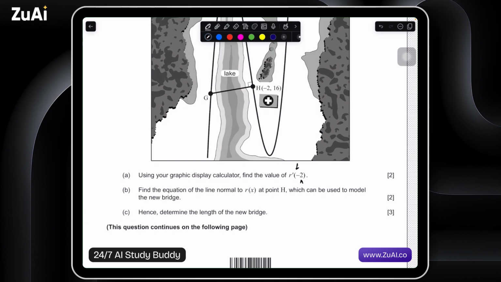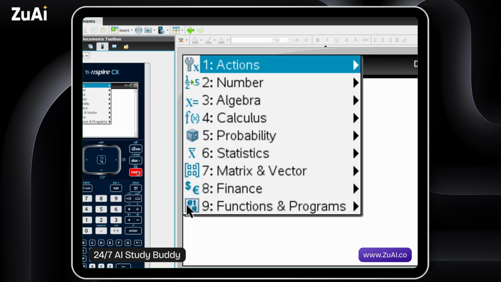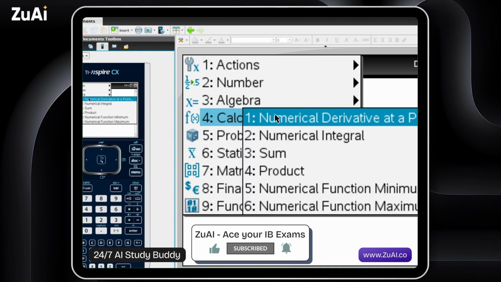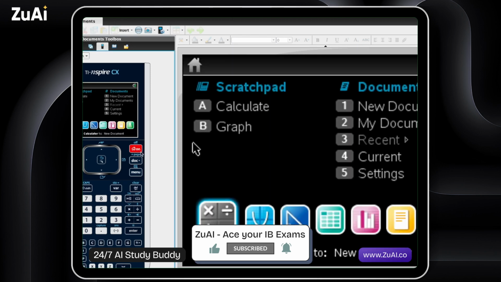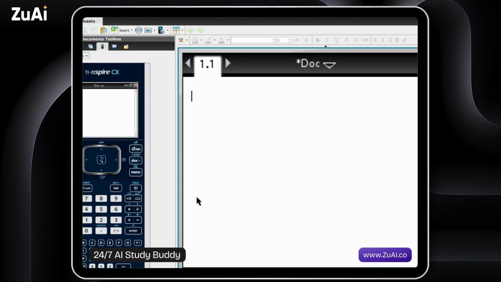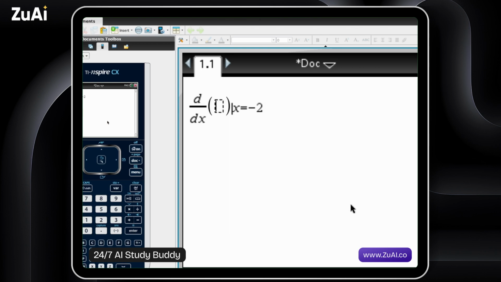So a few different ways we can do this. I'll show you both. Easiest way is going to be calculus. And we want to find the numerical derivative at a point. I've actually got to get a new document because it's a little cluttered. All right. Menu, calculus, numerical derivative at a point. We want to find the variable x, and we want to find it at -2, the first derivative. And now we have this notation which is saying the derivative of what at the point x is equal to -2.